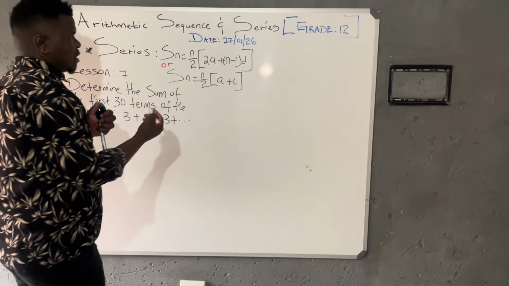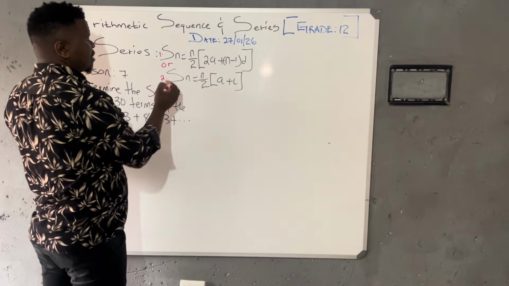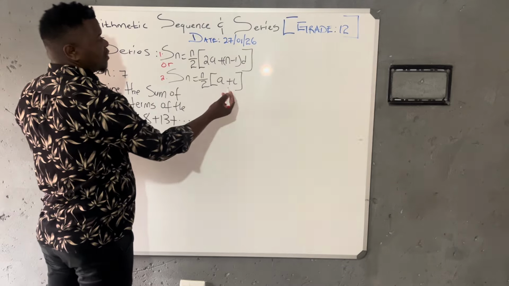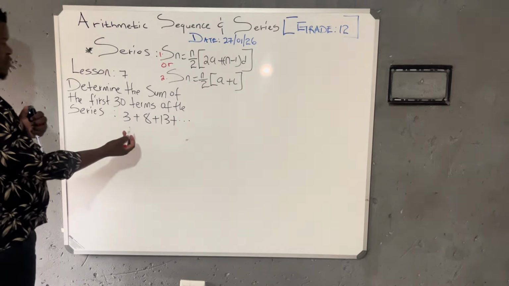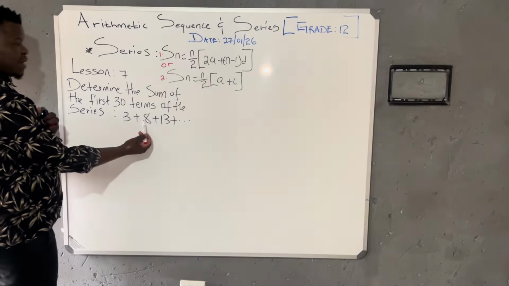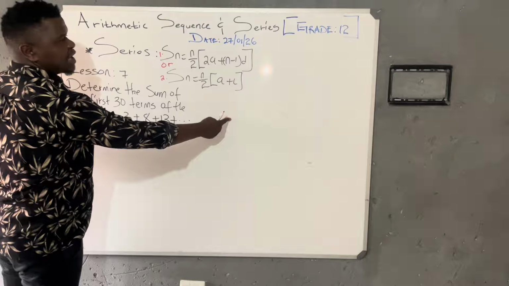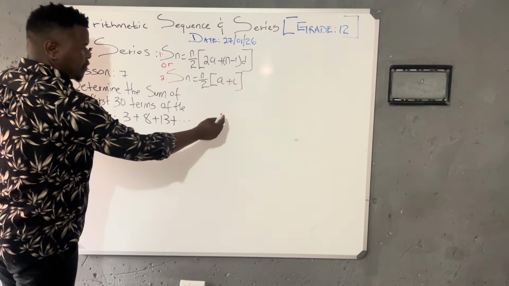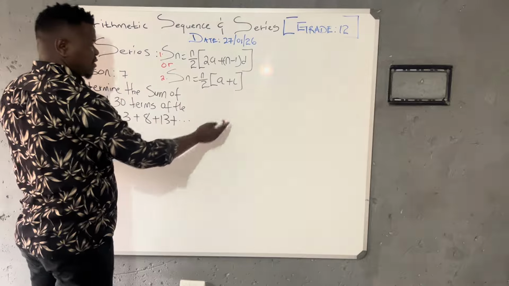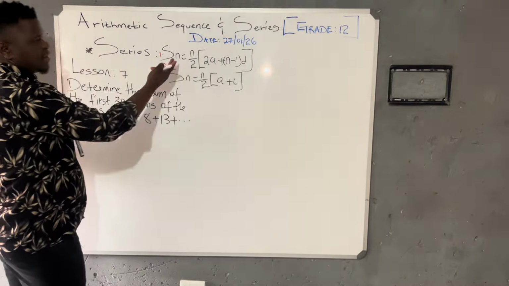Let's say this is the first one, this is the second formula. We use the second only if we are given the last term in our series. If you look at the series of 3 plus 8 plus 13, we don't have that last term, which is always written on the far right. It's not there. If it was there, we would use this formula, but it's not there. We are forced to use that formula, SN. What does this mean?